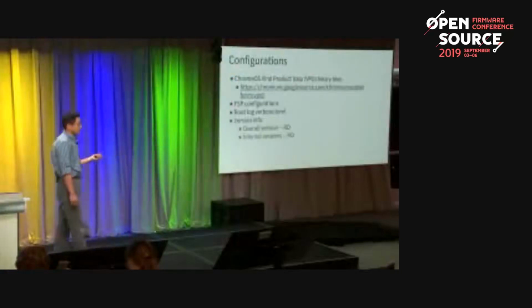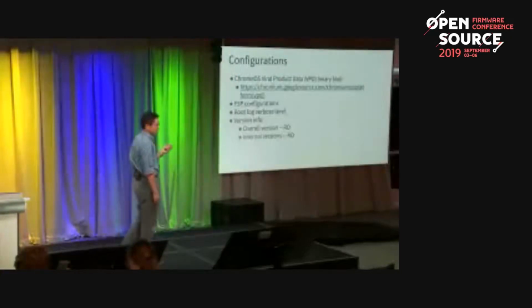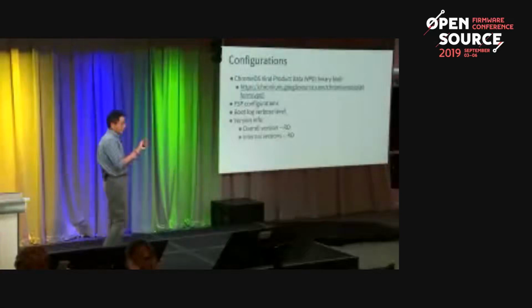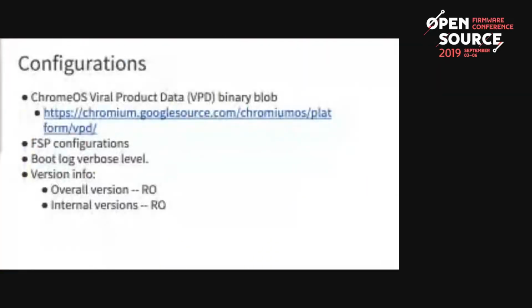Configurations. So for the firmware configurations, we use the Chrome OS VPD binary blob. It already has very good support for it, thanks to Google's effort. So there's a VPD tool you can run on the build machine or on the target machine. In linuxboot, you can see that as well.